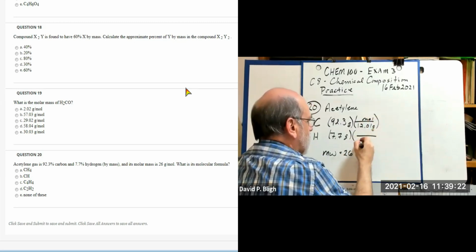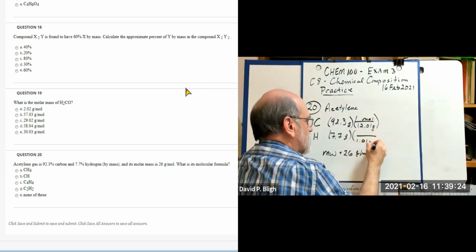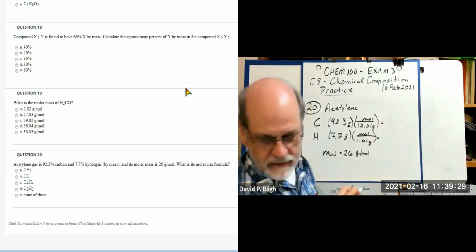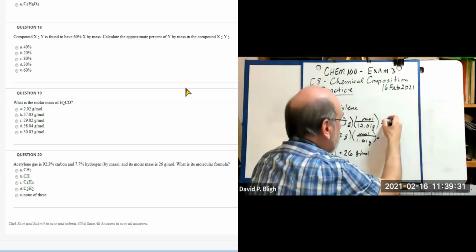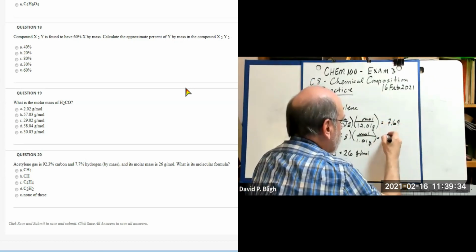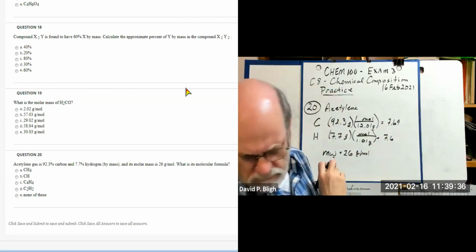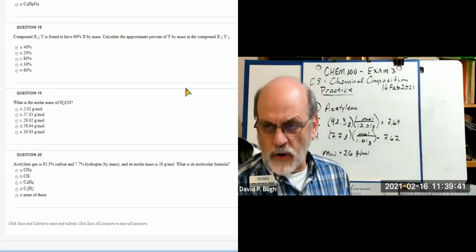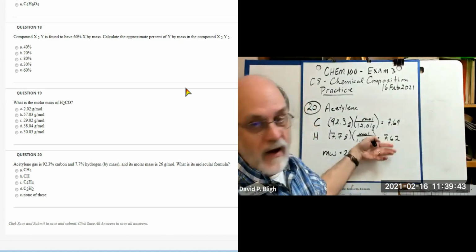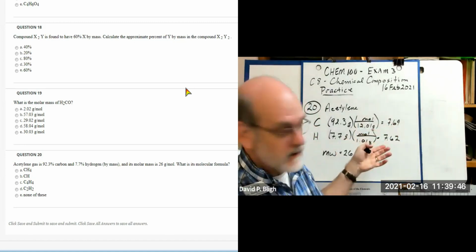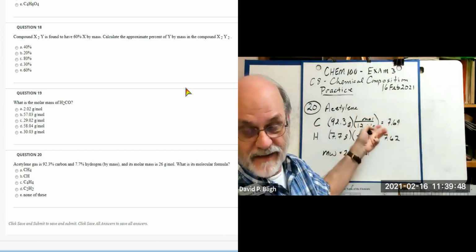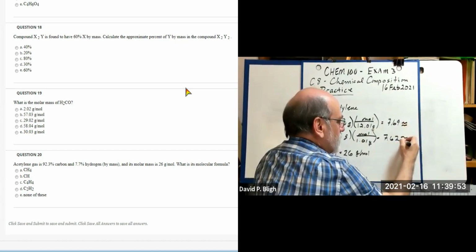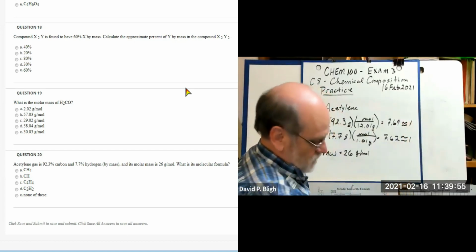Okay, and for hydrogen, all right, so what do we get? 7.69 and 7.62. Now we could go to the trouble of dividing through by the smallest one, but if you just look at it, they're almost exactly the same, which means they're approximately a 1-to-1 ratio.